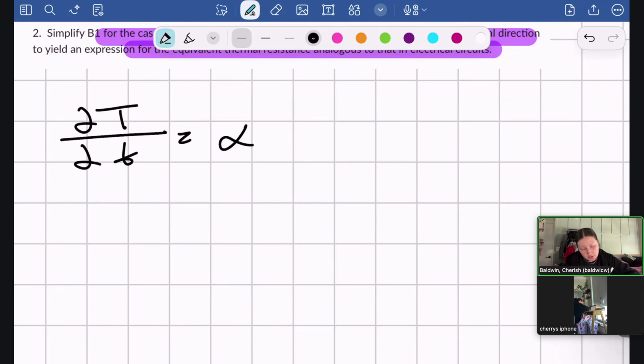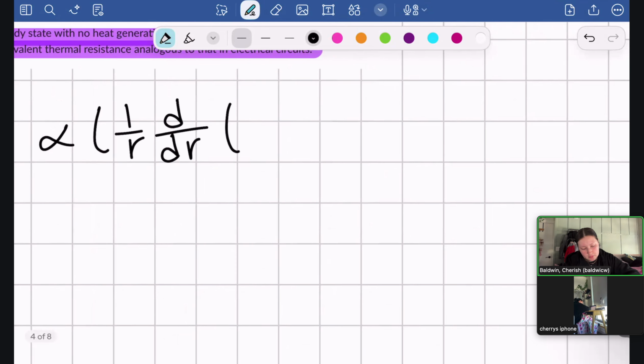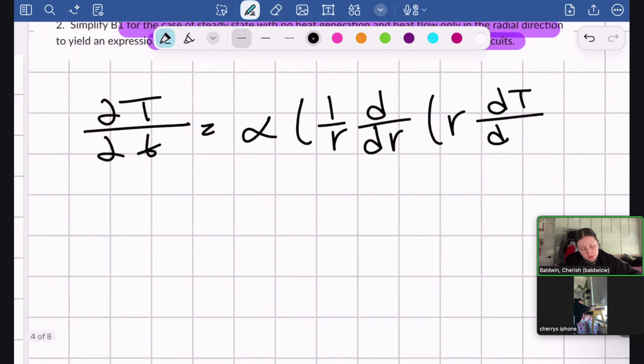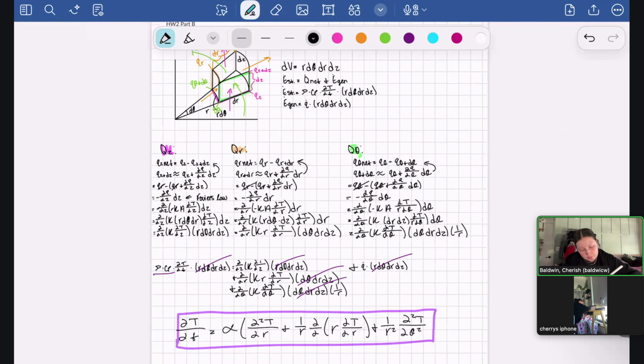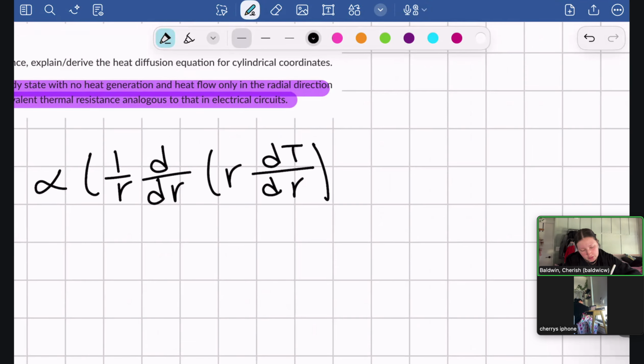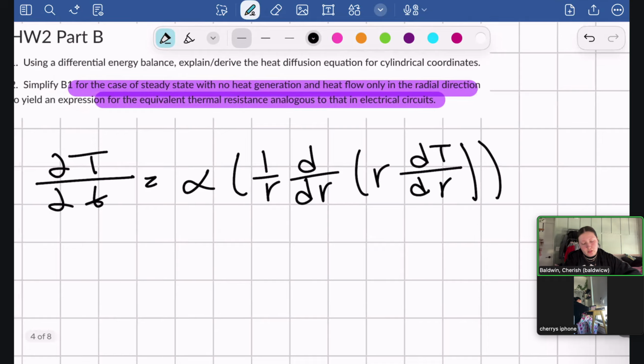This is equal to thermal diffusivity of 1 over R times the derivative of derivative over R times R times the gradient of temperature over R. And we're leaving the rest of the stuff out.